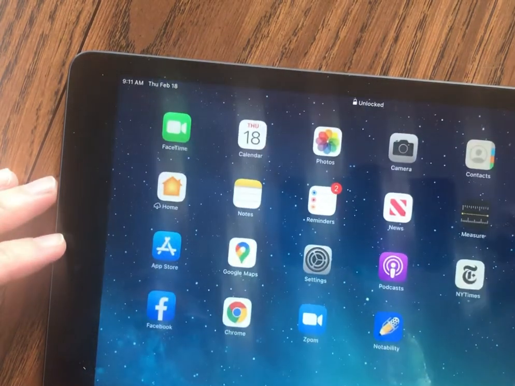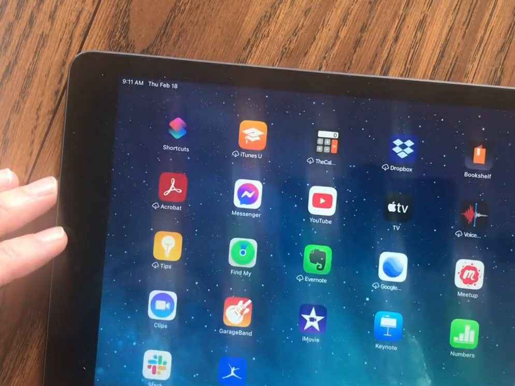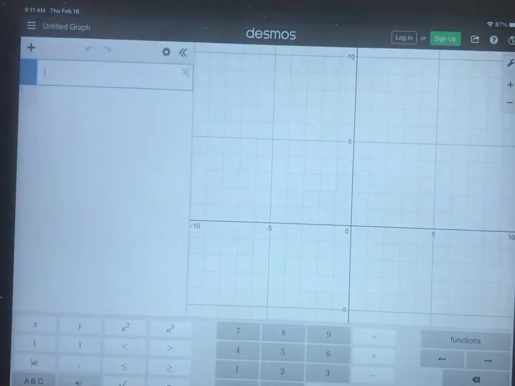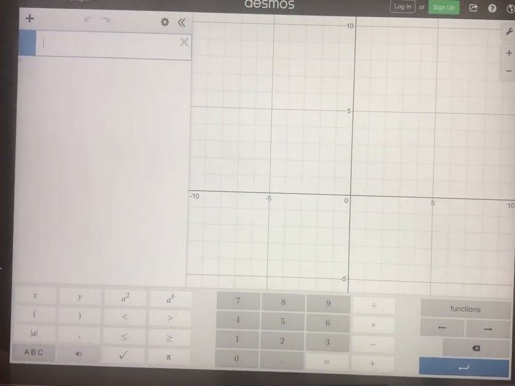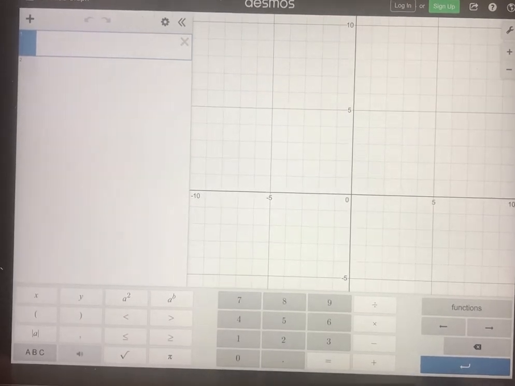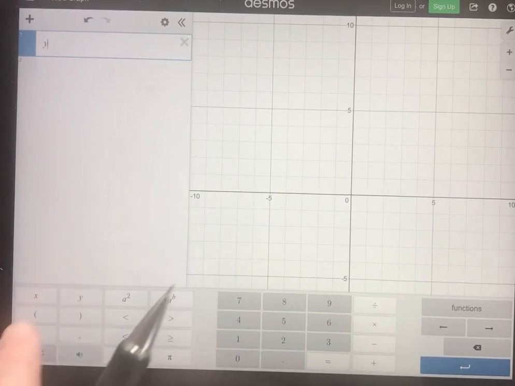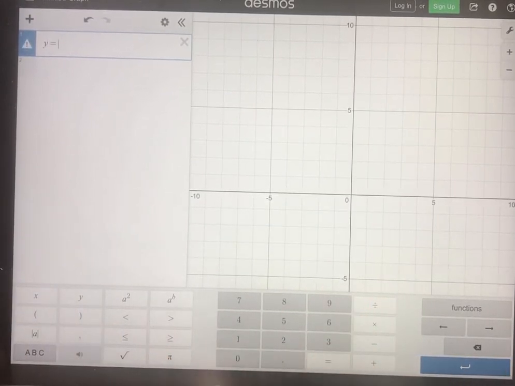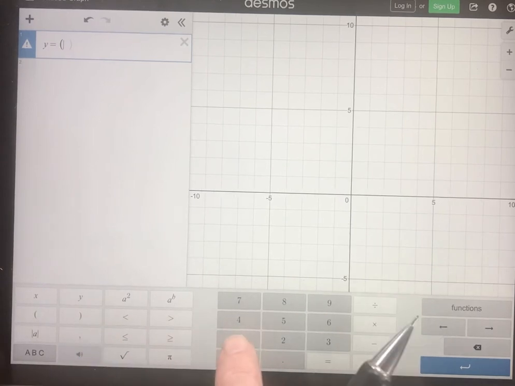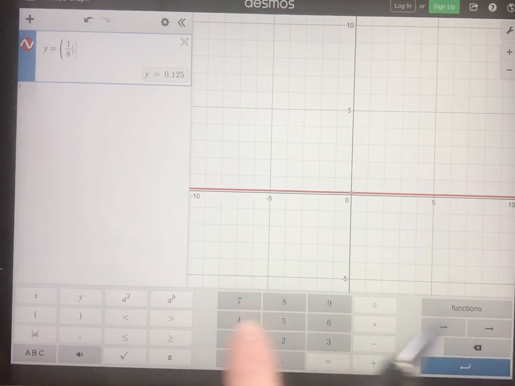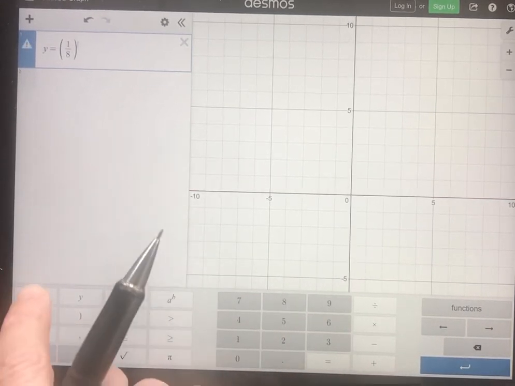Give me a second to set this up and get into Desmos. Okay, as it loads up here for us. Let's take a look. I'll put the function we have, y is equal to, and I like to use parentheses just to clarify it, 1/8 raised to the x power.